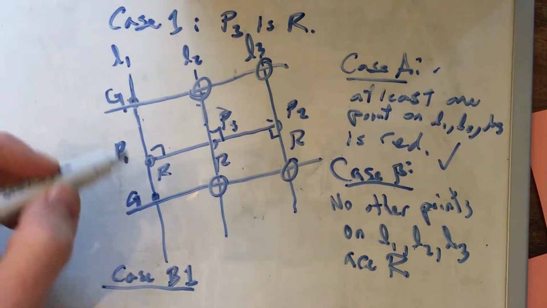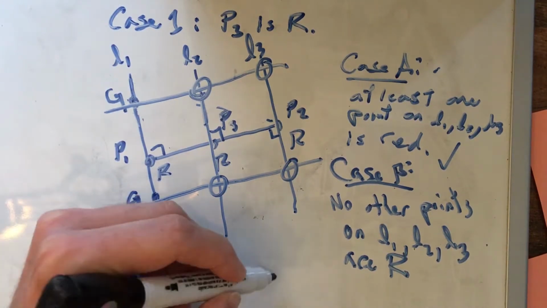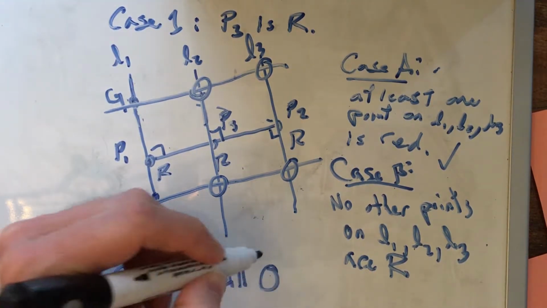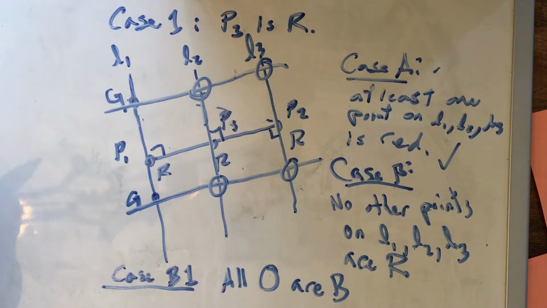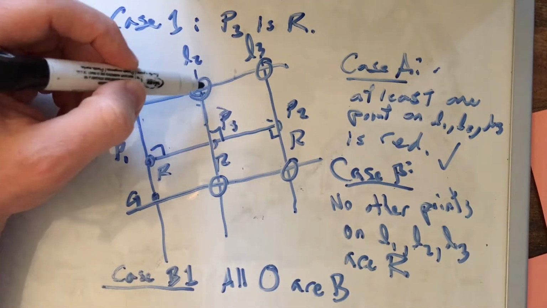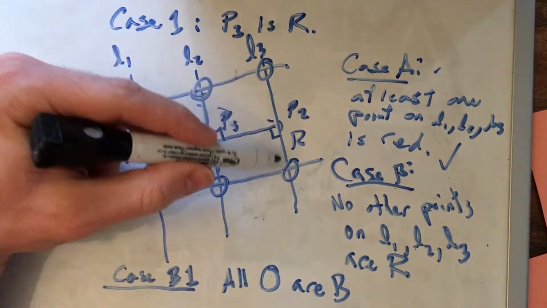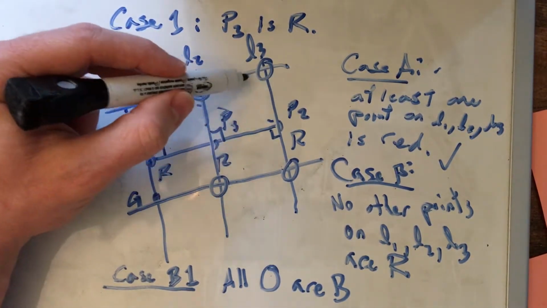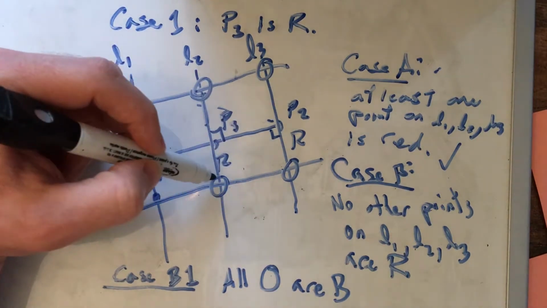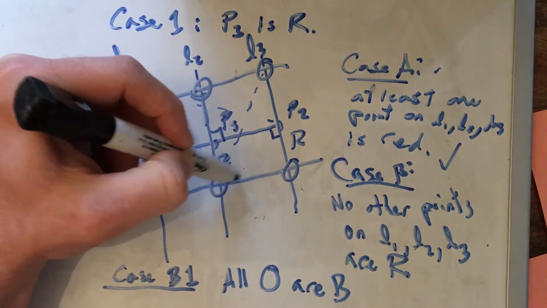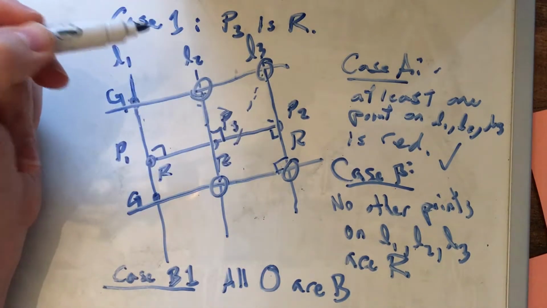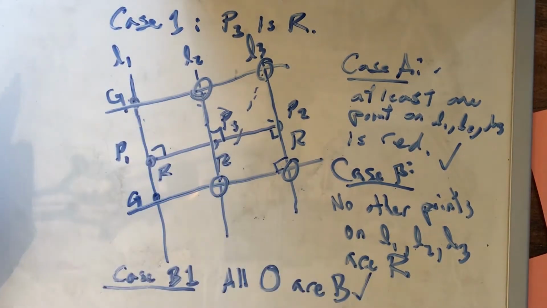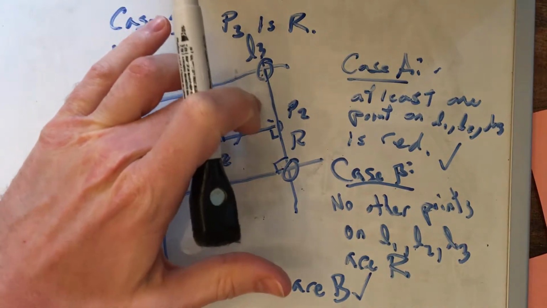It could be that all of our circle points are blue, right? Well, then we're good there, because if this is blue, and this is blue, then this makes a quadrilateral that has 90 degrees at each one of these points. And so then we can just go ahead and make our right triangle here, and so then we're done. So case B1 would be good.